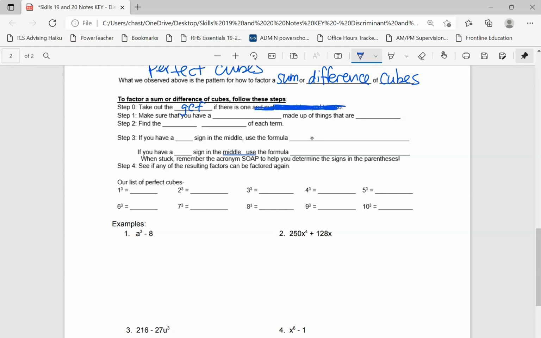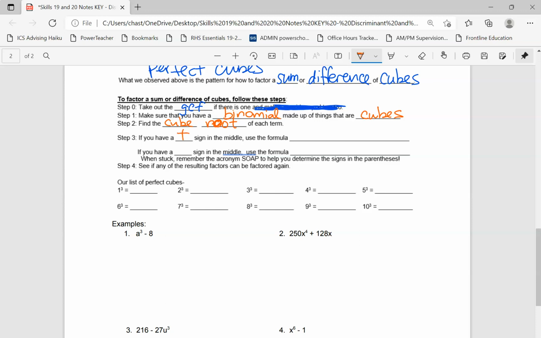Then you want to make sure that you have a binomial, so two terms, made up of things that are cubes. And then you're going to find the cube root of each of those terms. And we're going to memorize some common ones so that this will be easy.